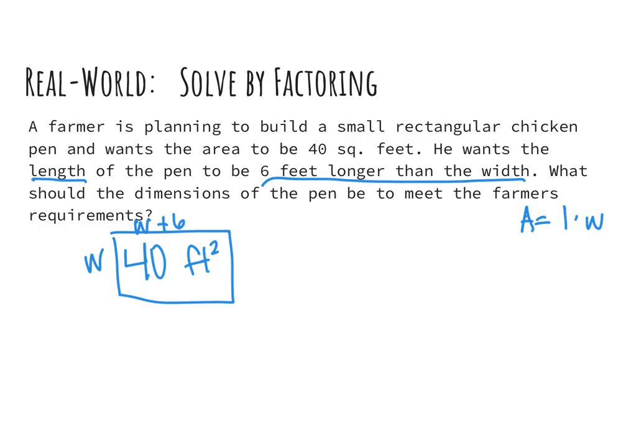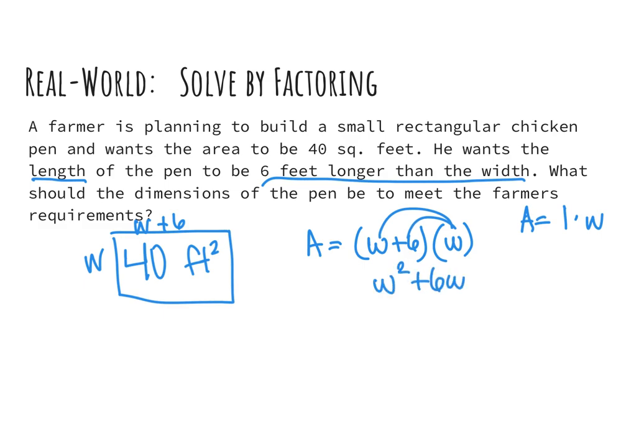So area equals length times width. My length is W plus 6, and my width is just W. So now I need to multiply those, and I'm going to get W squared plus 6W.